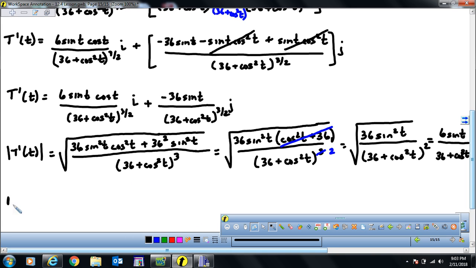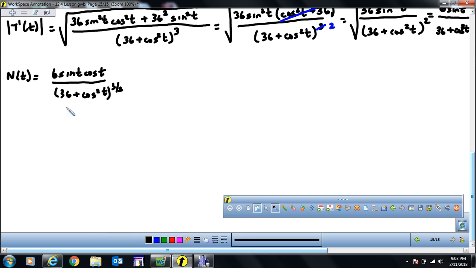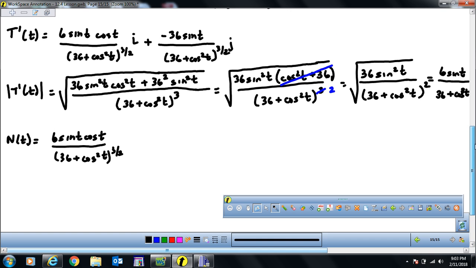To get the normal vector, we need to divide the derivative of the tangent vector by its magnitude. First, let's divide the i component. It would be 6 sine of t cosine of t over (36 plus cosine squared of t) to the 3/2 power, divided by the magnitude of that vector.